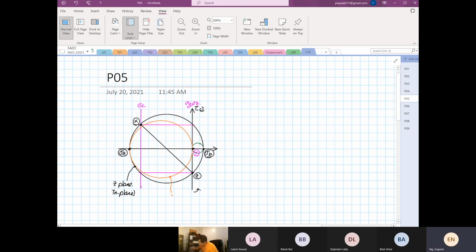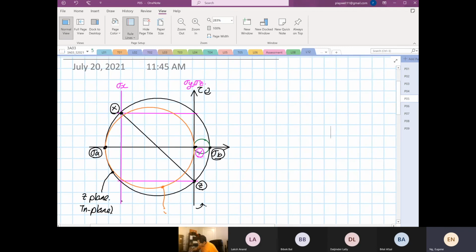So we want to find the radius of the circle now, which corresponds to our tau max.